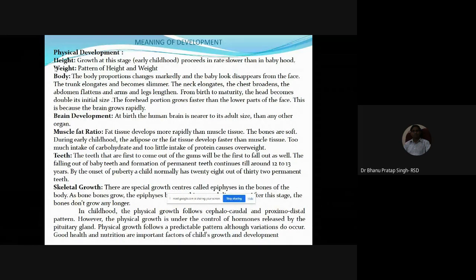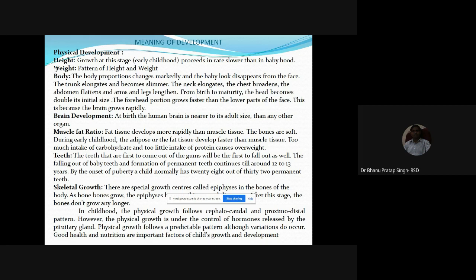As for teeth, I have discussed that we generally think a person has 32 teeth, but this is not true. The teeth that are first to come out of the gums will be the first to fall out as well.